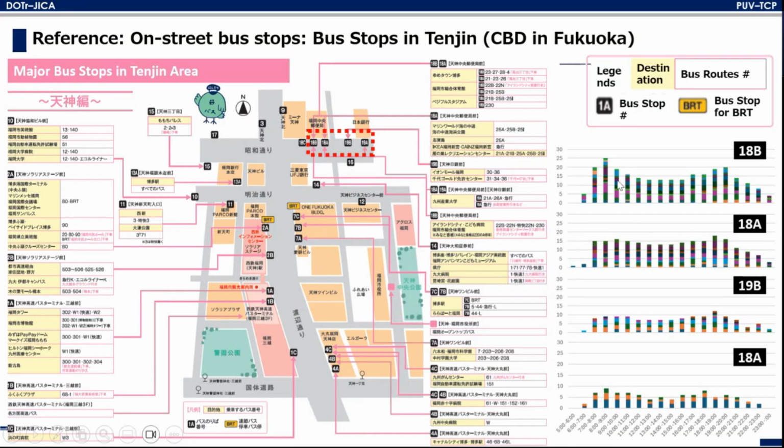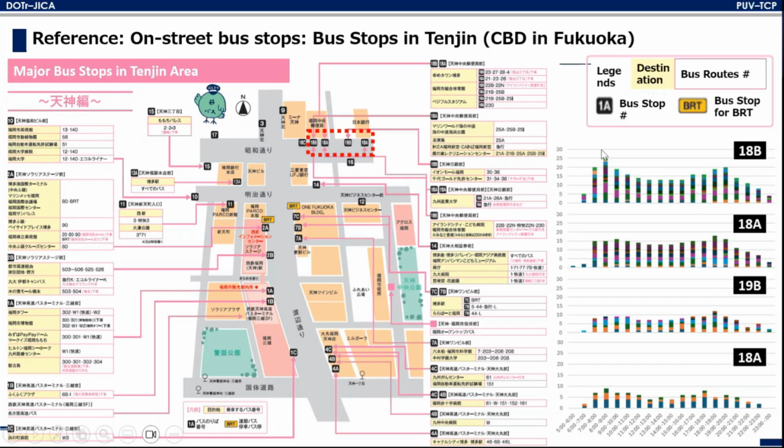One of the critical points is that the bus stop is designed so that the number of buses cannot exceed 30 trips per hour. Why?